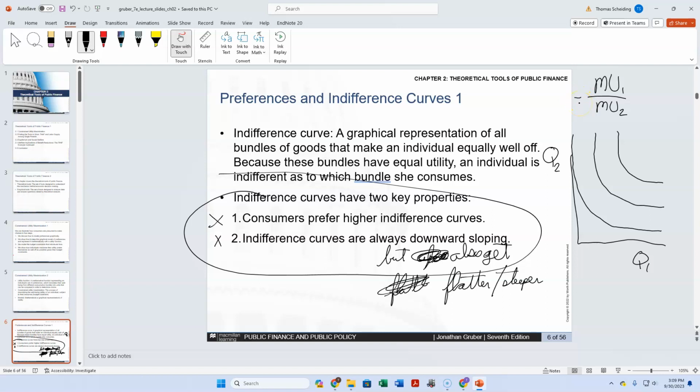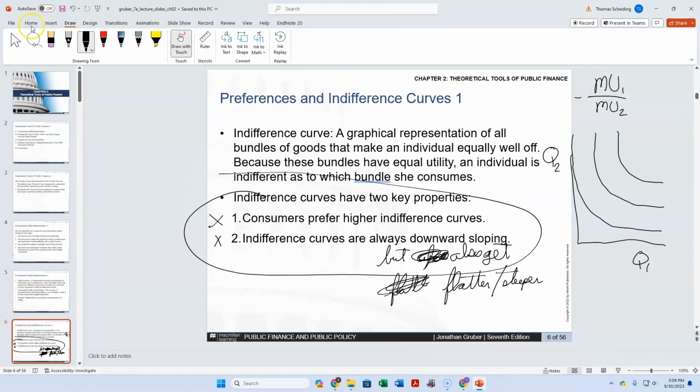And it is negative because of the law of diminishing marginal utility, that as we consume more and more of the good, we get less and less additional happiness. So our marginals, the additional, is decreasing.